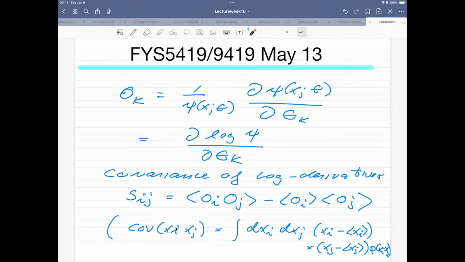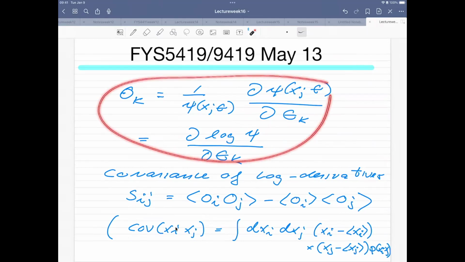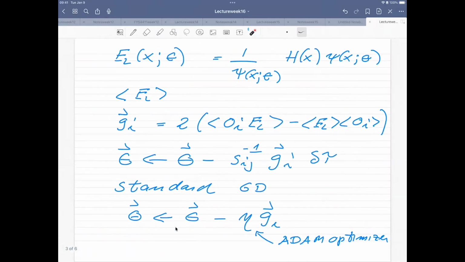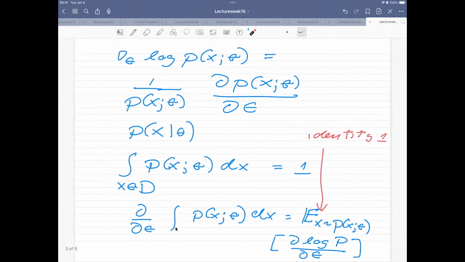So besides a constant of 2, the quantity which you see here is actually pretty close to what we defined here. Okay? And this is actually what defines the Fisher information matrix.